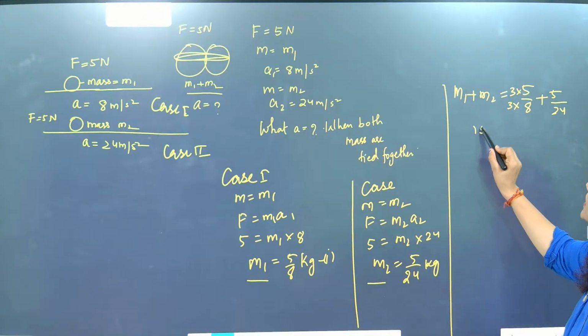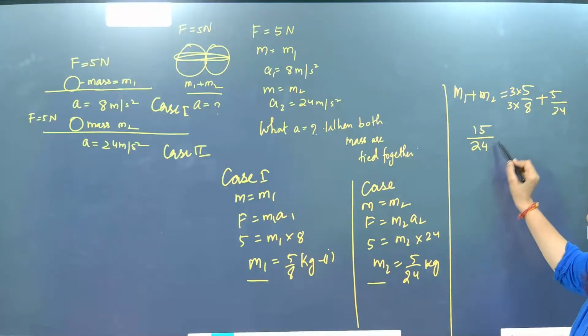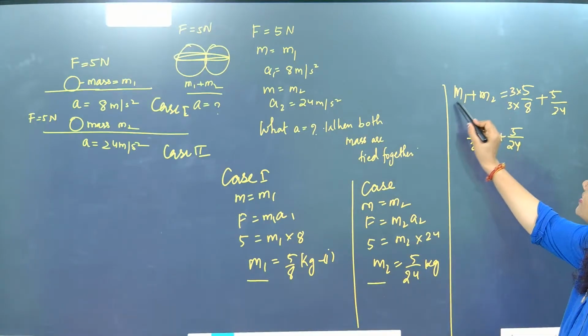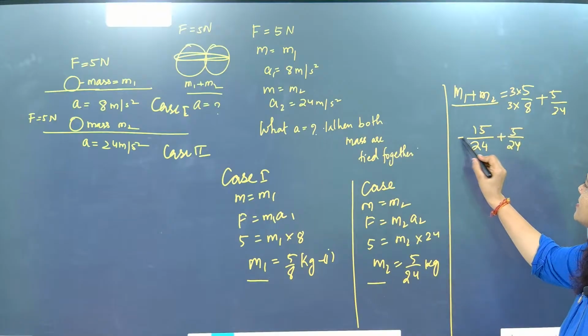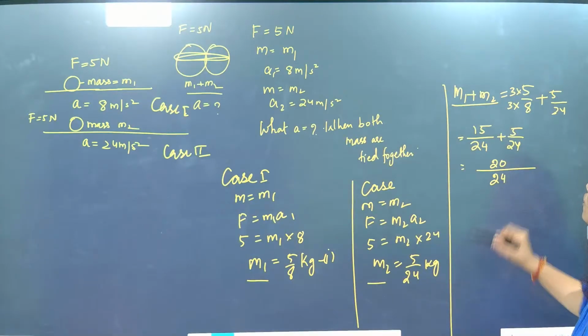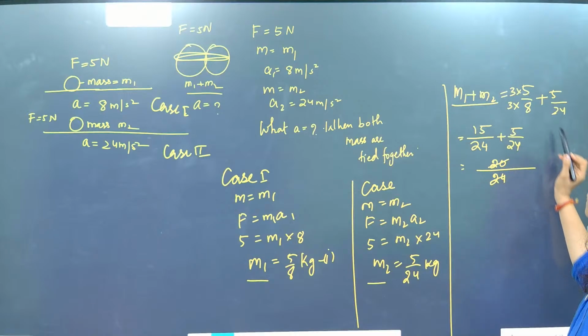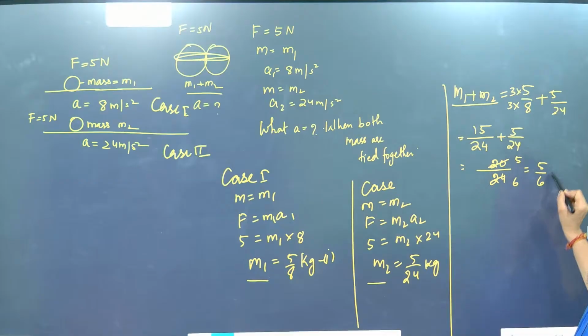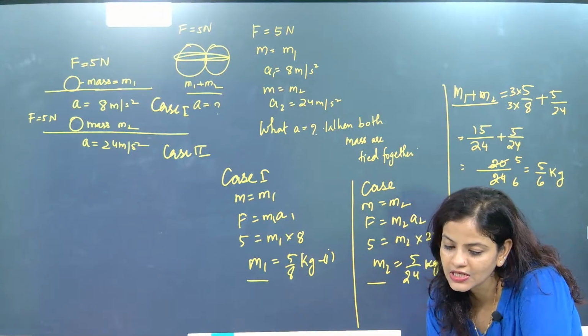So now it is coming as 15 by 24 plus 5 by 24. And this is the sum of both the masses. So how much is it coming, beta? 20 by 24. So how much will it come? 4 5s are 20, 4 6s are 24. So the sum of both the masses is coming as 5 by 6 kg. Absolute.